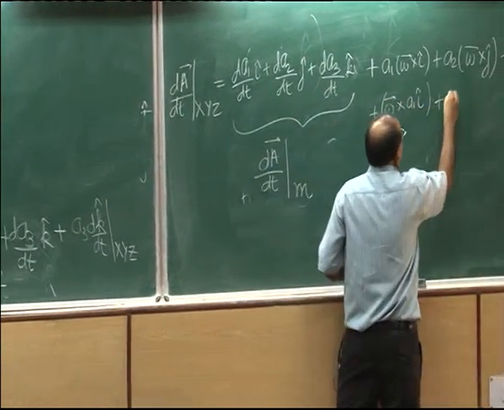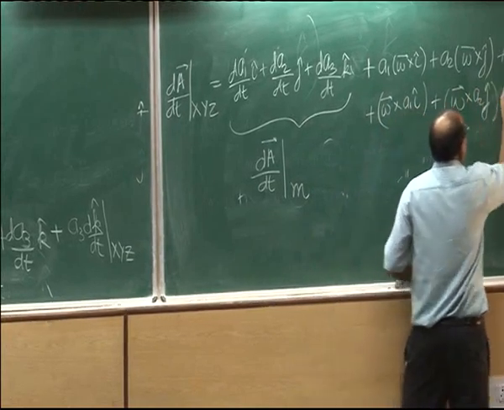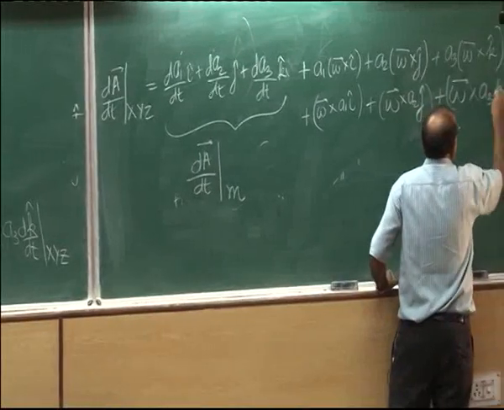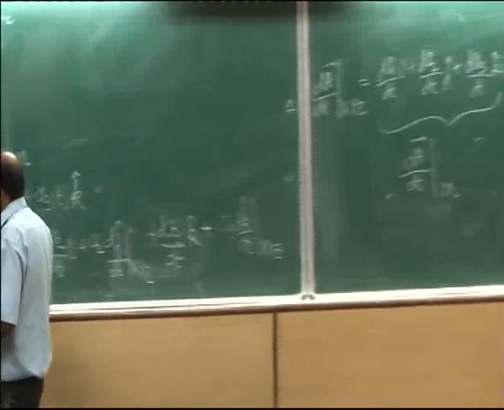The second term I can write as omega cross A2j. And the third term I can write as omega cross A3k, because A1, A2, A3 are scalars, I can take them inside.